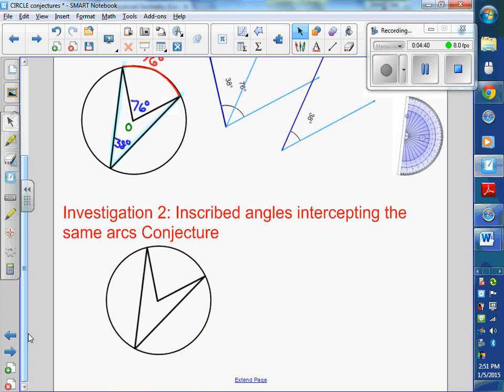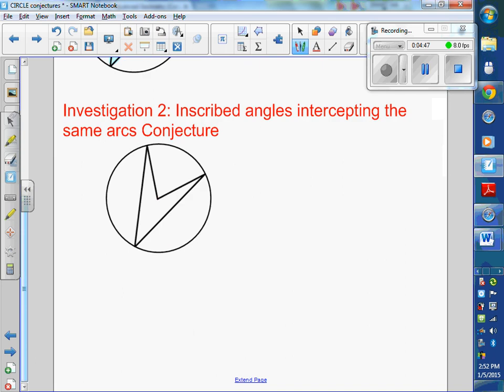Inscribed angles intercepting the same arc must have a certain property. First, let's practice the other property. If I were to change this and say, let's suppose this was 80 degrees, then this arc would also be 80 degrees, and this angle would be 40 degrees.